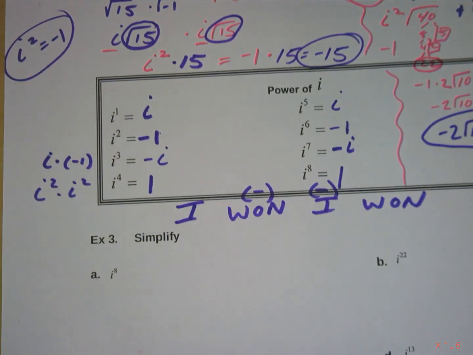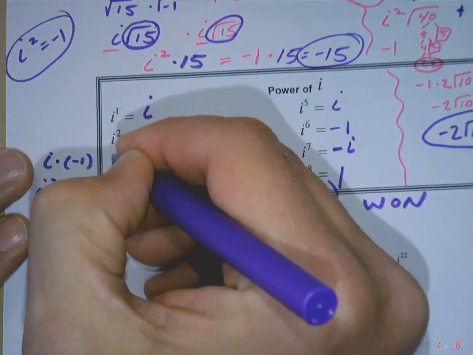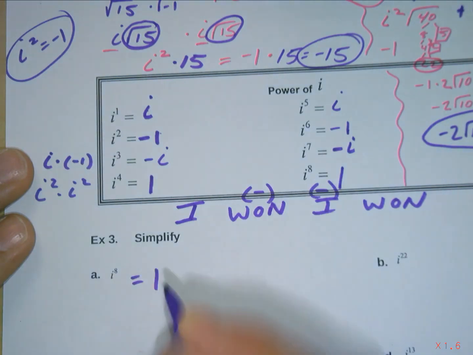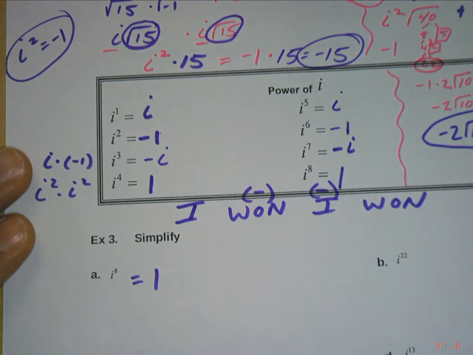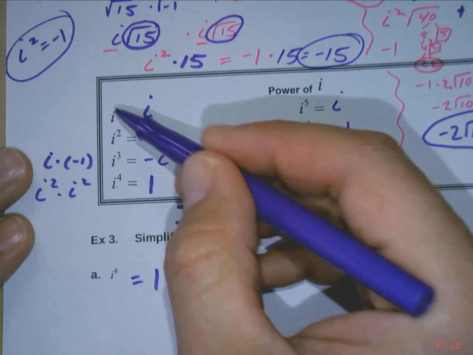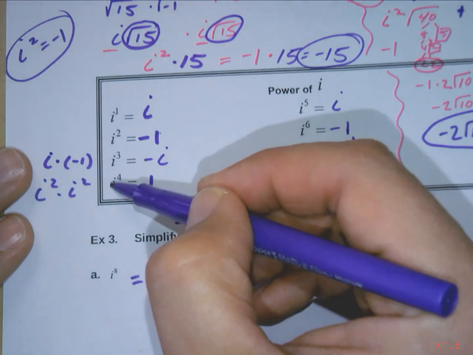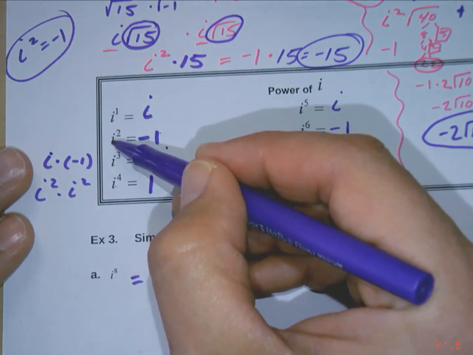Okay, so as I take a look, I have i to the 8th. So you can do 1, 2, 3, 4, 5, 6, 7, 8, and get 1. Okay. So i to the 22nd, you can go through 1, 2, 3, 4, 5, 6, 7, 8, 9, 10, 11, 12, 13, 14, 15, 16, 17, 18, 19, 20, 21, 22.